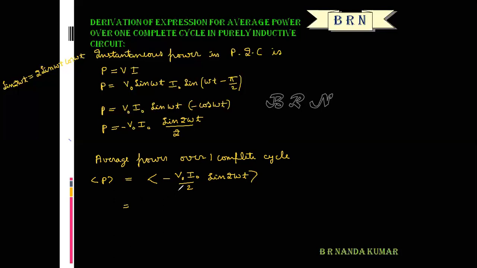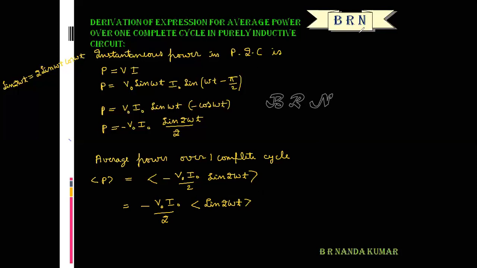Here the constant terms are taken outside because average of constant is constant, so minus V naught I naught by 2 is taken outside. Average of sine 2 omega t.